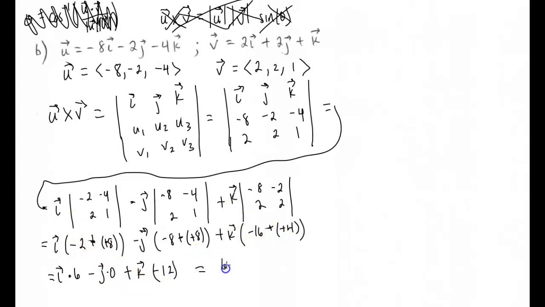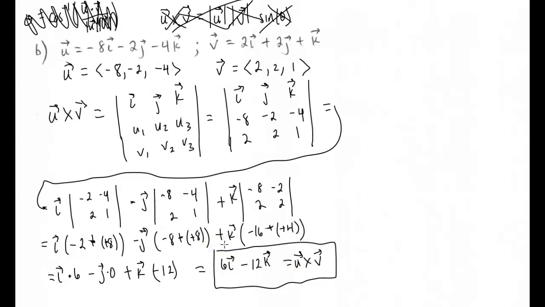And so this just ends up being 6i minus 12k, no j. Okay, so this is what our pseudo vector u cross v is going to look like here.